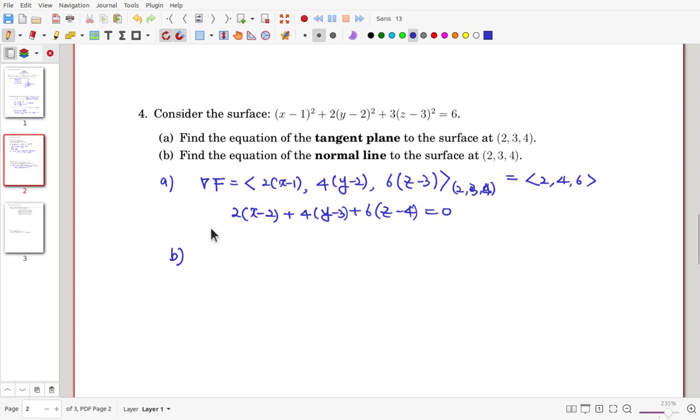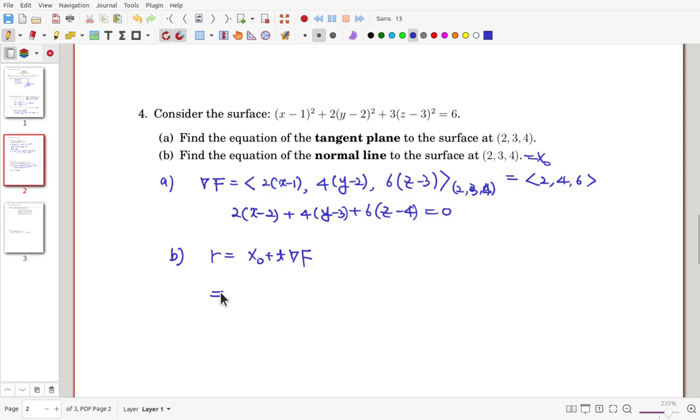Okay, the normal line is passing through this point. Let's say that is x0, then r is x0 plus t times the normal direction, the direction of the line. That is the vector equation.